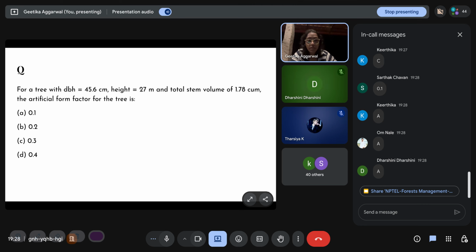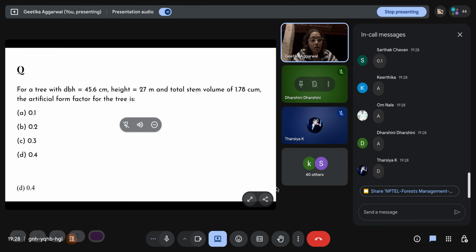Okay, people are saying 0.1. The correct answer is 0.4. So how have you guys calculated? 1.4 is there. Yeah. So basically, we saw that volume is form factor into DBH into height. So form factor would be volume divided by DBH and height.